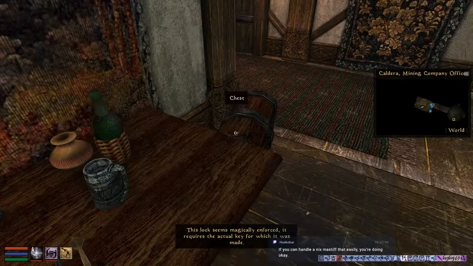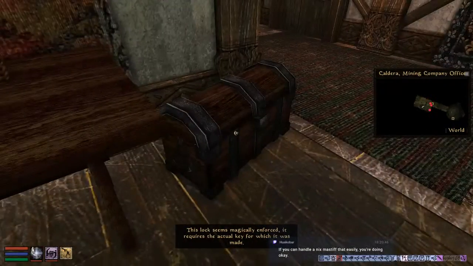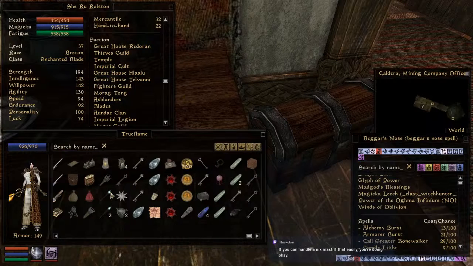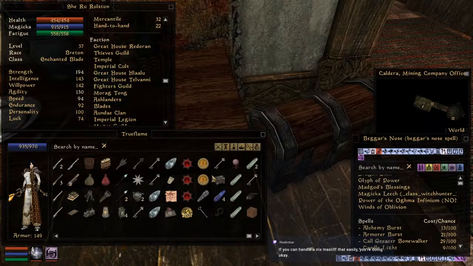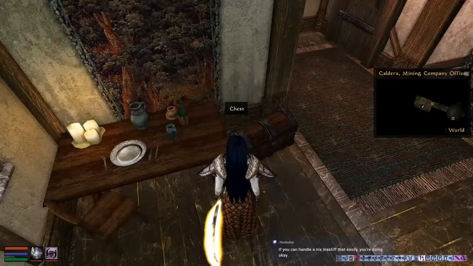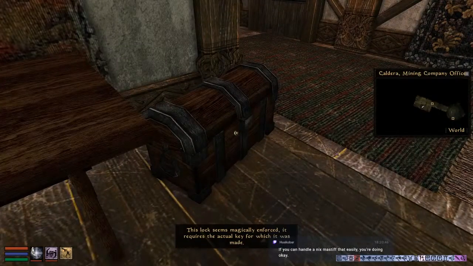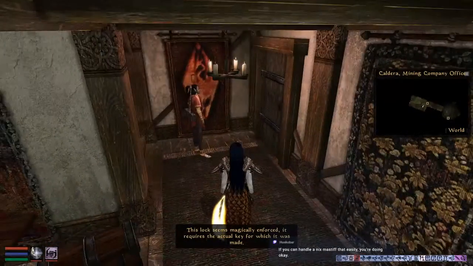Oh, not the right one. Okay, I will get all of them just to be sure. That's a handy thing we can use. Retrieve all. No, not the right key.